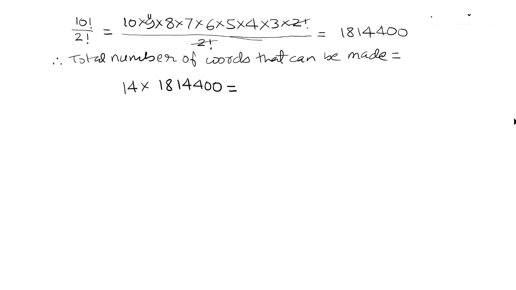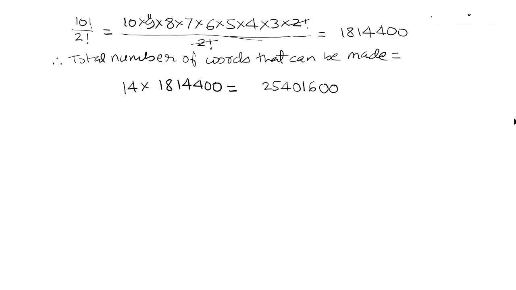So we multiply 14 by 1814400. 14 times 0 is 0, 14 times 0 is 0, 14 times 4 is 56, we write 6 and carry 5, 14 times 4 is 56 and 5 is 61, we write 1 and carry 6, 14 times 1 is 14 plus 6 is 20, we write 0 and carry 2, 14 times 8 is 112 and 112 plus 2 is 114, we write 4 and carry 11, 14 times 1 is 14 and 11 is 25.